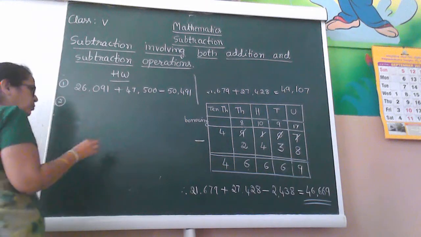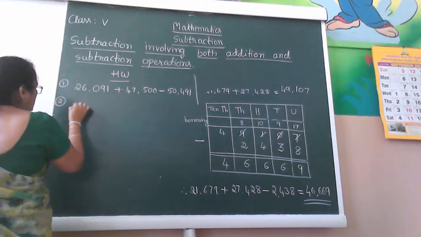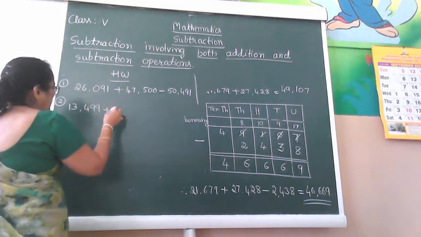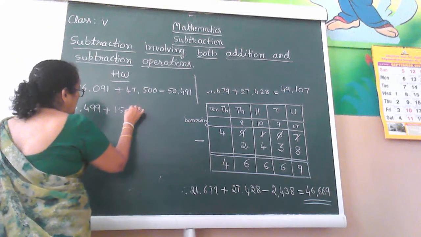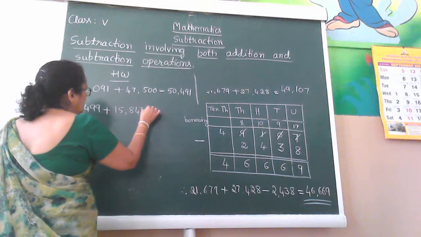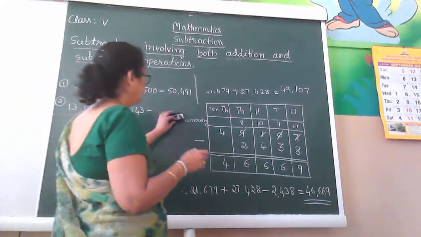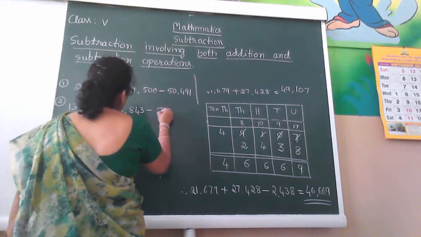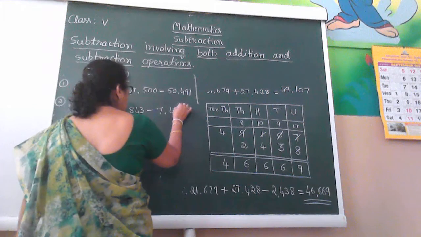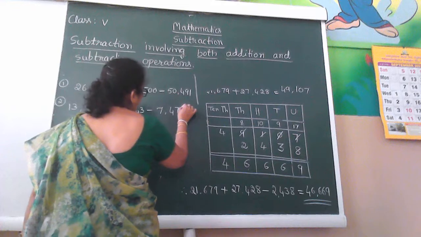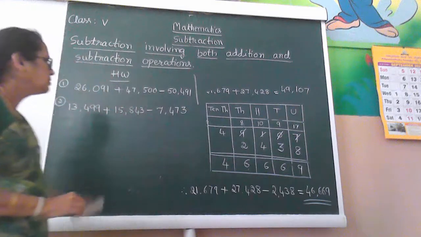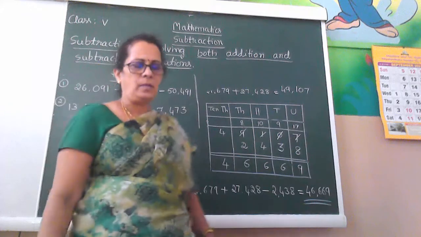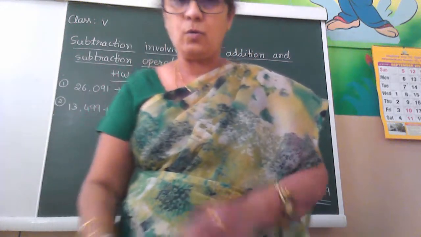I'll give you only two sums. 13,499 plus 15,843 minus 7,473, let us say. So these two sums you try at home and write it in your homework book.